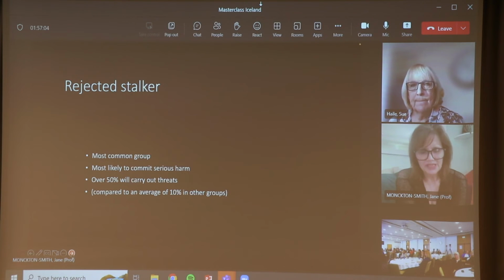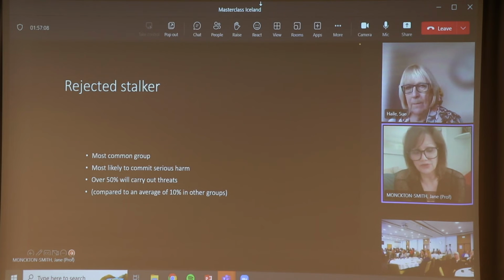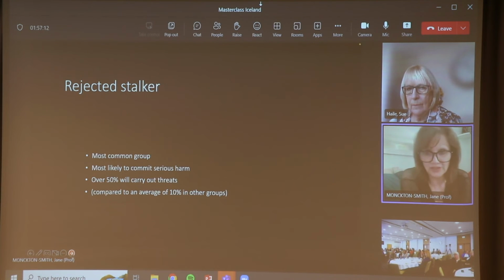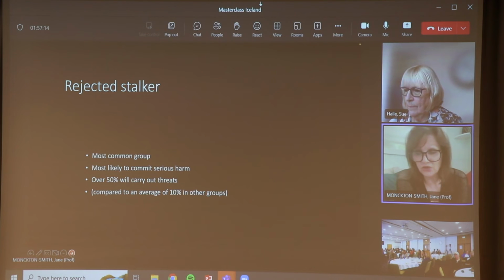If you receive a disclosure from a victim of what appears to be stalking, they might not call it stalking. They might just say, this person's constantly phoning me, they won't stop, they keep turning up, they've left flowers on the doorstep. That's basically stalking.